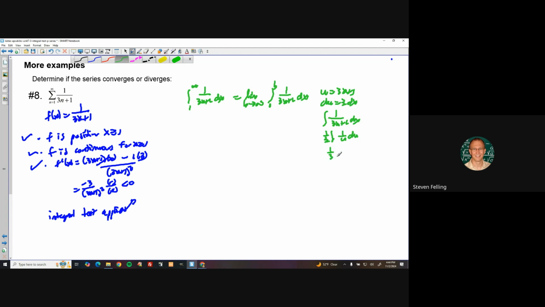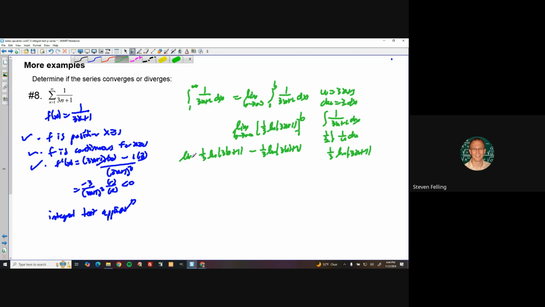So that's 1/3 natural log of u, which is 3x plus 1. So now we've got limit as b approaches infinity of 1/3 natural log of 3x plus 1 from 1 to b. And so we've got 1/3 natural log of 3b plus 1, and then minus 1/3 natural log of 3 times 1 plus 1.